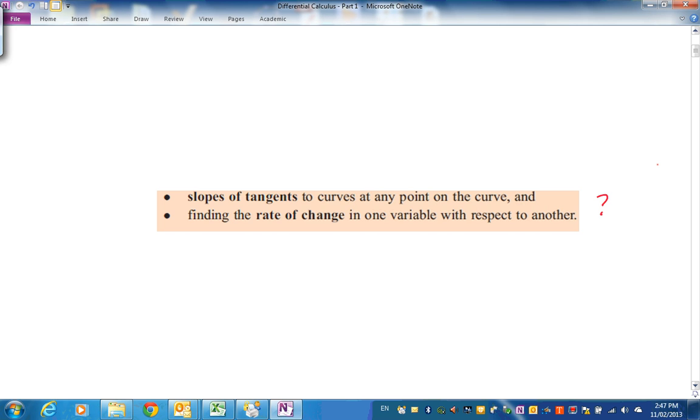Well, in this presentation I'm going to take a look at Newton's approach and his dilemma with motion problems and displacement time curves. So we're going to approach it from the point of view of the rate of change of one variable with respect to another. In this presentation, we're going to look at distance and its change with respect to time.